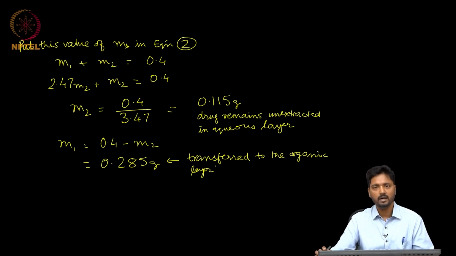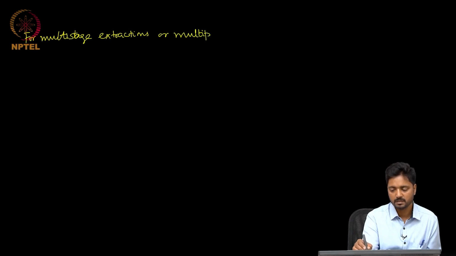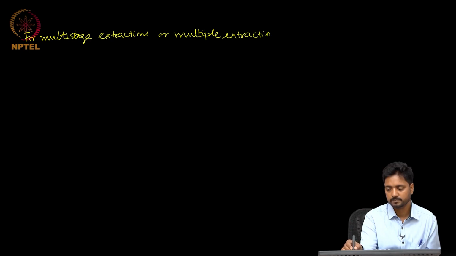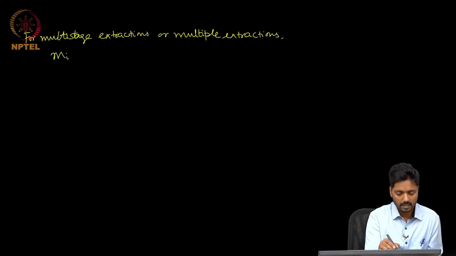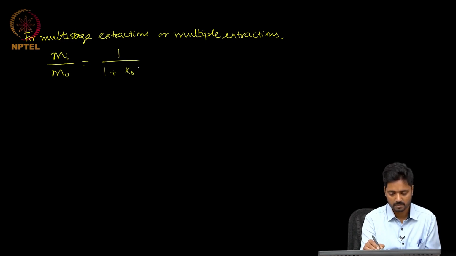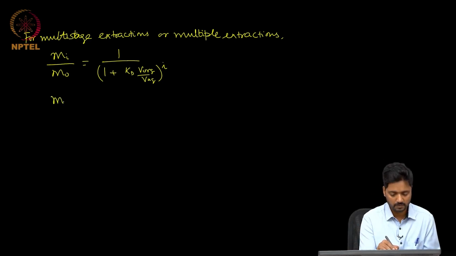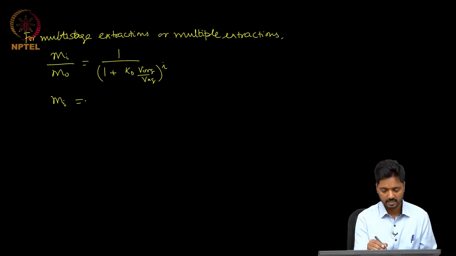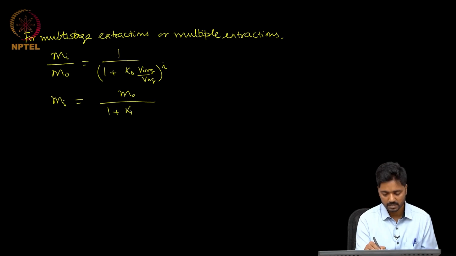We have already seen in this lecture that for multi-stage extractions, or multiple extractions, the amount that remains unextracted is given by this equation: M naught divided by 1 plus Kd times V org by V aqueous, to the power of i.